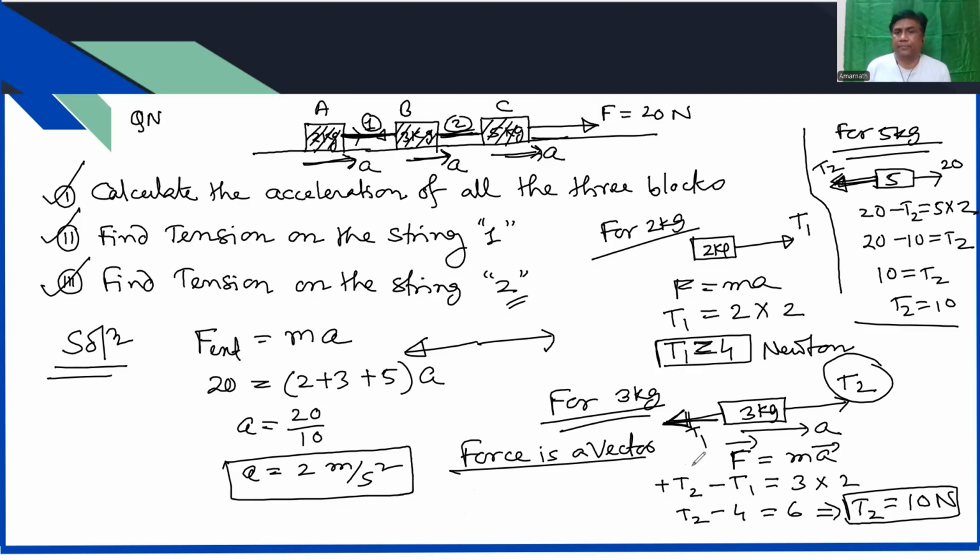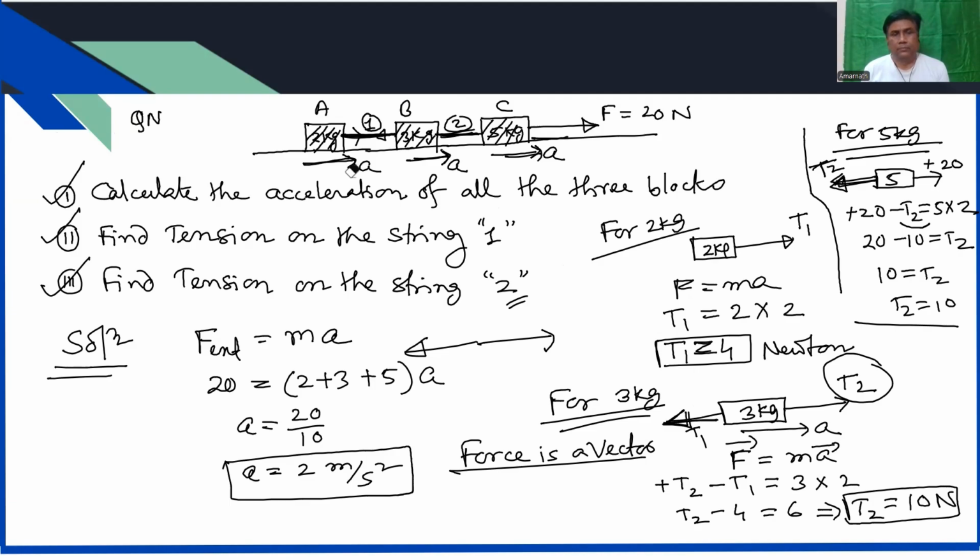So T1 must be negative. Here also I have taken T2 negative, you see. 20 I have taken positive. It means I have assumed that the right direction is positive and the left direction is negative, because in vector quantities you cannot directly add them. Okay, sir.